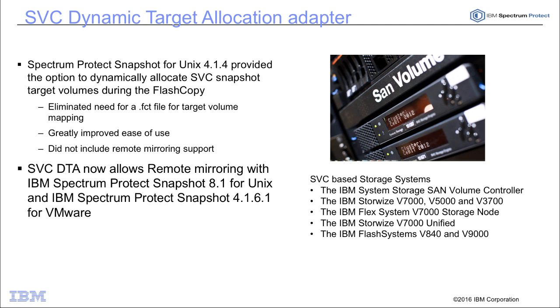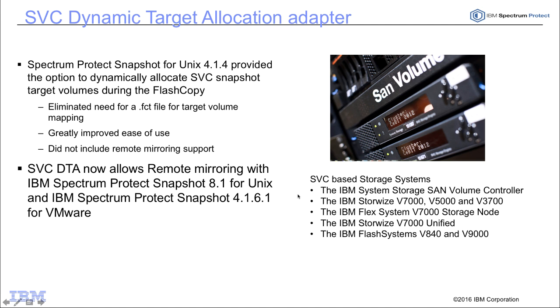Now, that was a lot of labor on the part of the system administrator. So what our developers did at version 4.1.4 was develop this dynamic target allocation adapter, which basically automatically defined the targets for you. And that greatly improved the ease of use of the product when using any of these SVC-based systems.